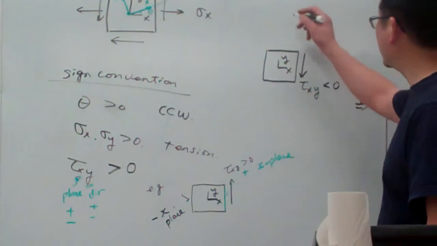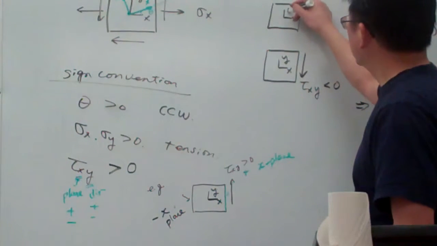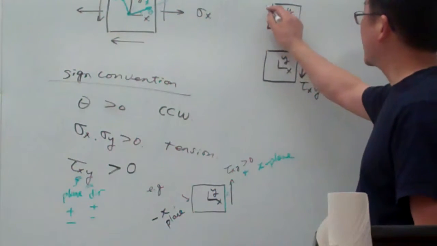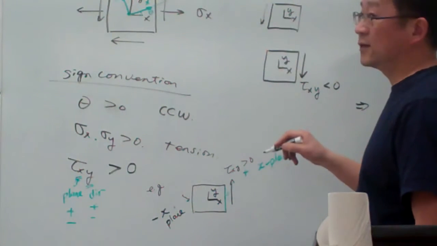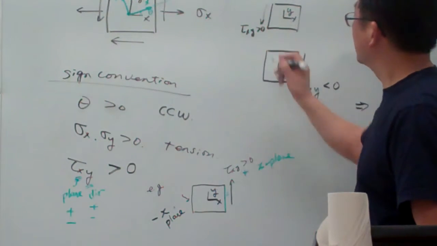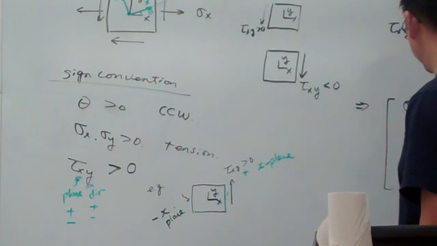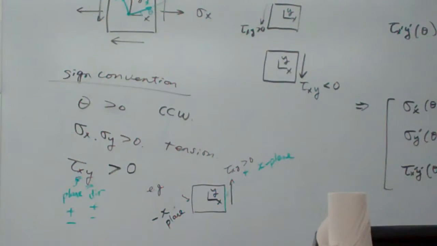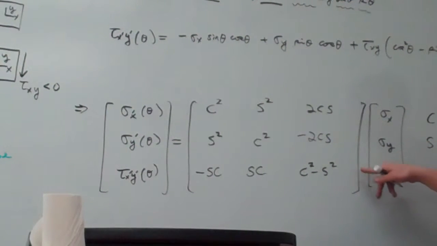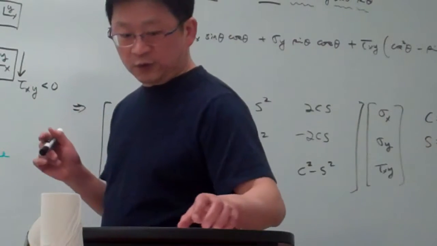And the other one, in the negative x-plane, pointing to negative y direction, is positive. So that is the sign convention. Once you use numerical calculations, put a sign onto each term. That is for the numerical calculation.